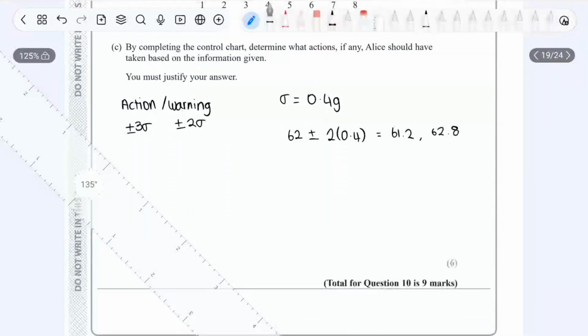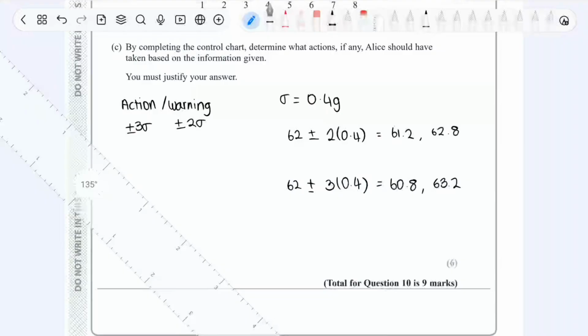So now let's move on to our action limits. We'll need to do 62 plus or minus 3 lots of our standard deviation. So if we type it into the calculator, let's do subtract first because we're trying to do our lower limit. We get 60.8. Then if we add, we get 63.2.